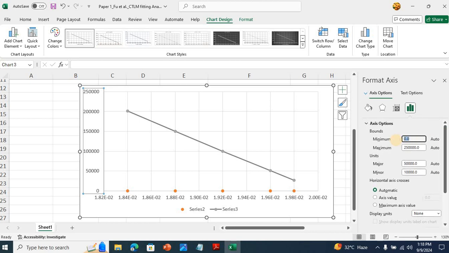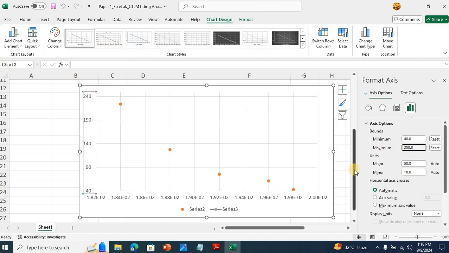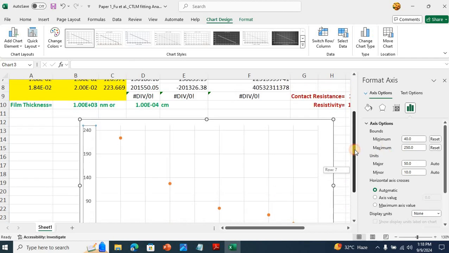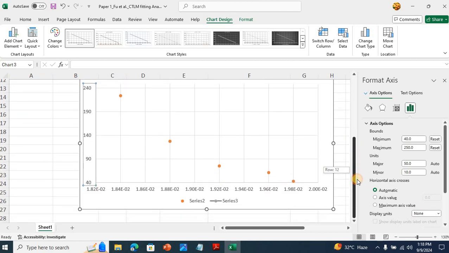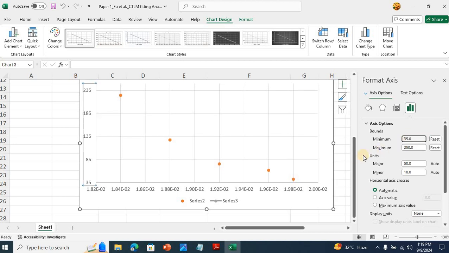Minimum value of 40 and maximum value of 250. Okay, so we got all the data points. Let me decrease it to, I would say, 35. Cool.